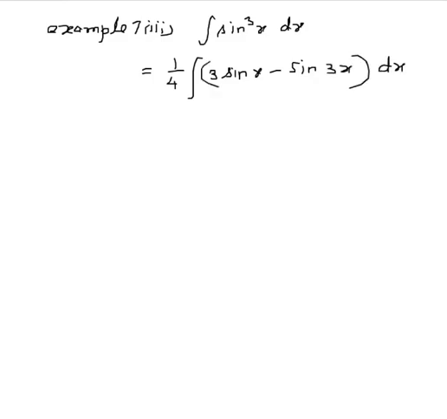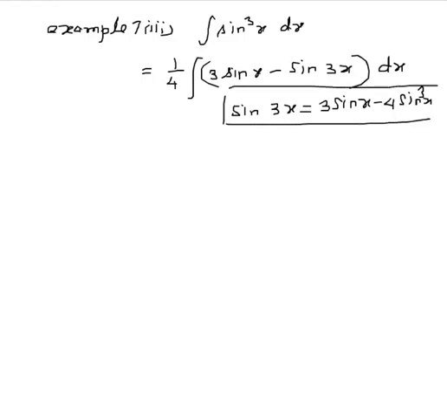That is, we have used the formula sine 3x is equal to 3 sine x minus 4 sine cube x. So we have found the sine cube x expression from this. If you notice, there is no power for the sine function. So we can easily integrate and write.